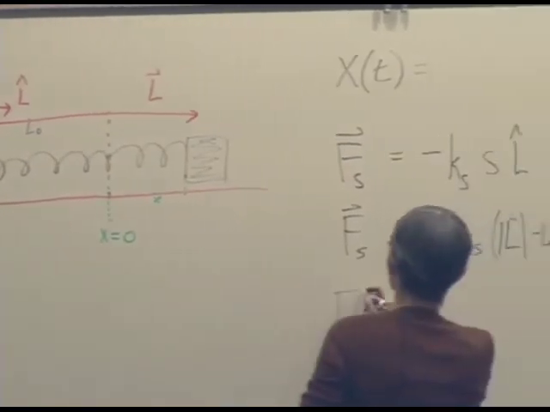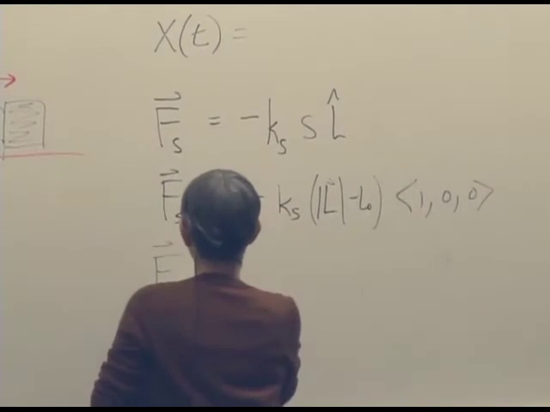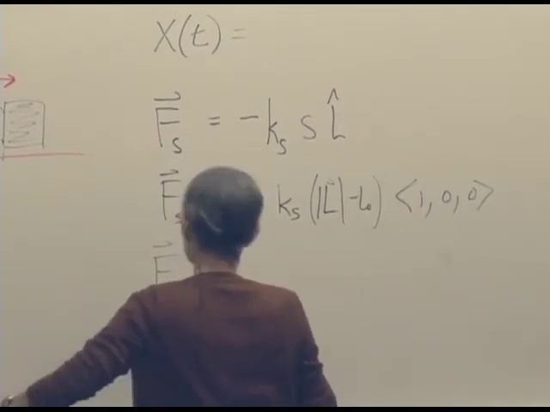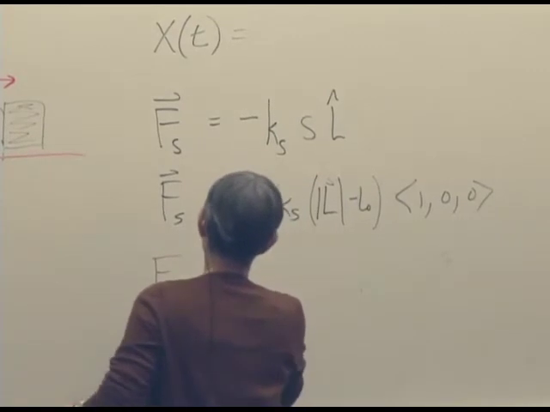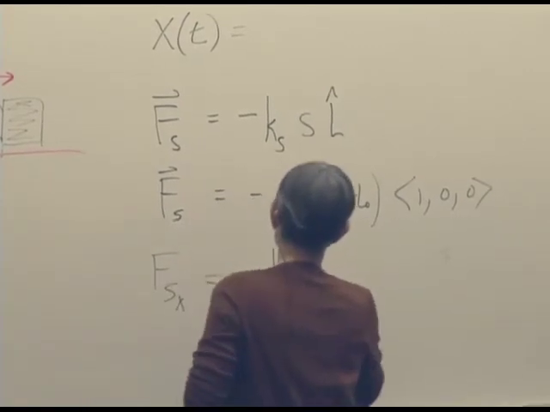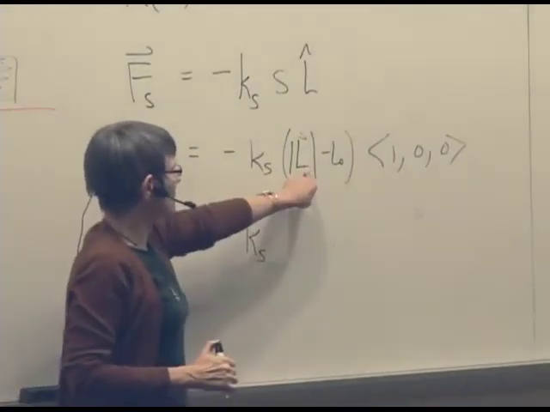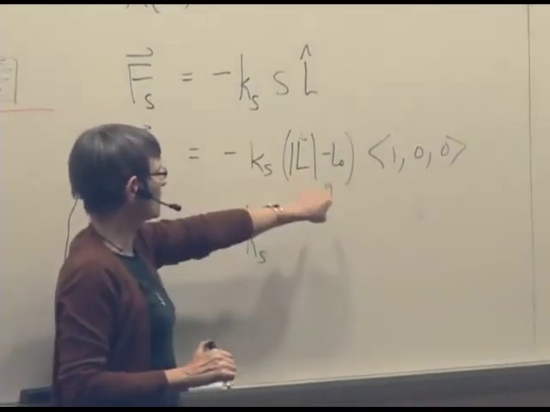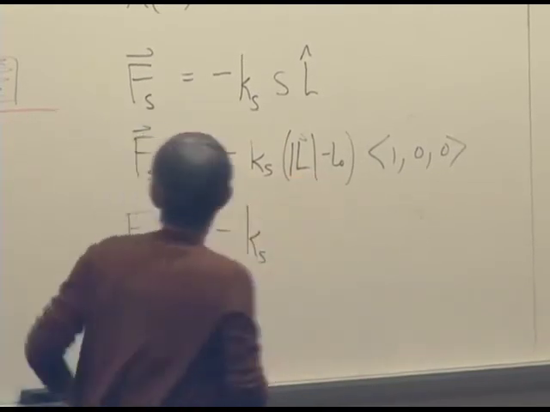So we can use the spring force. In fact, let's just write the x component here. So F spring x is minus the spring stiffness times the current length of the spring minus L0.